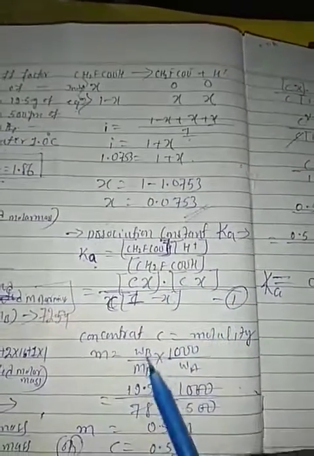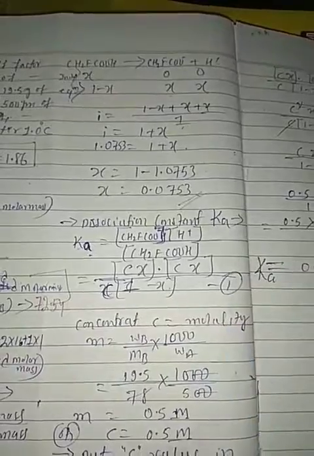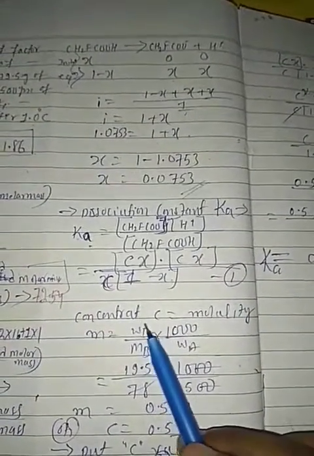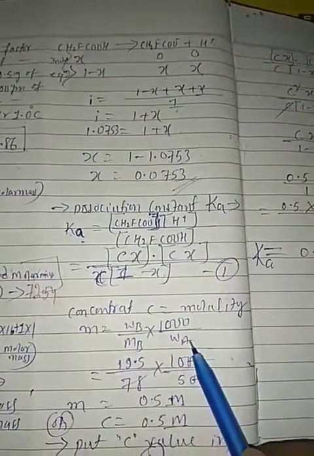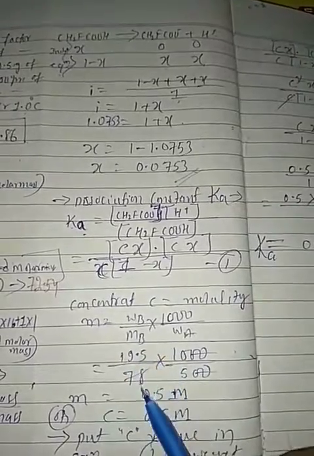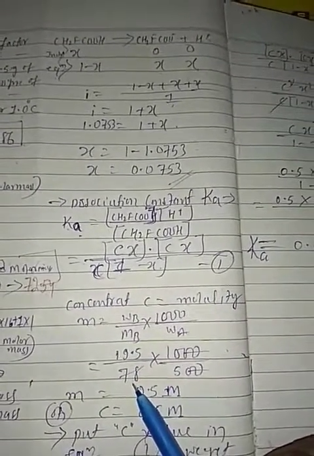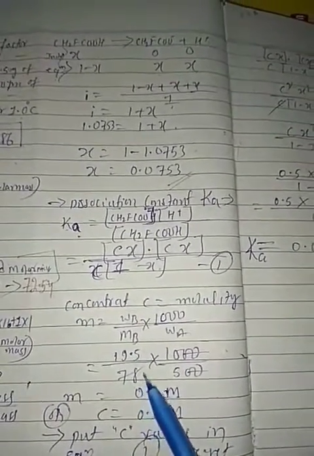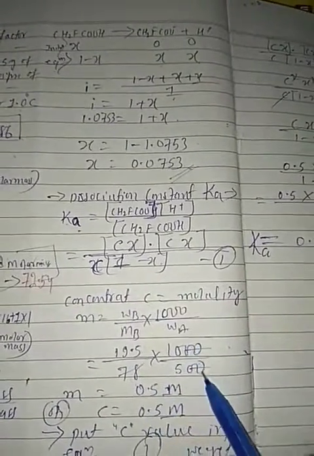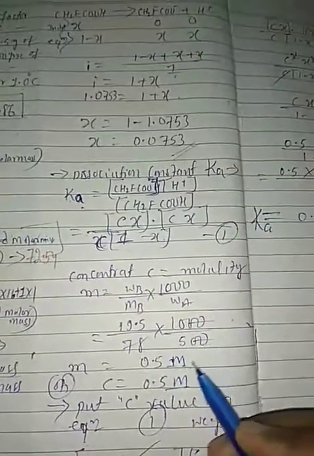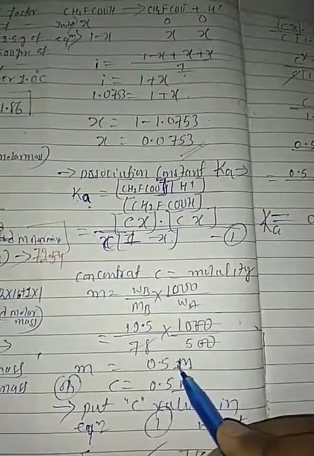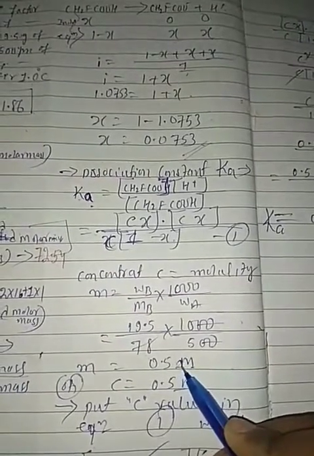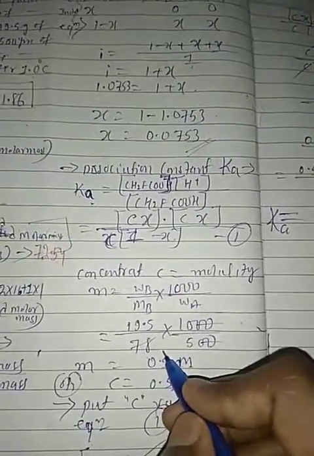So that concentration C is the molality: W_B by M_B times 1000 by W_A, that is 19.5 divided by 78 grams, where 78 is the calculated molar mass using the formula, times 1000 by 500. So then we got the molality as 0.5, students, 0.5.